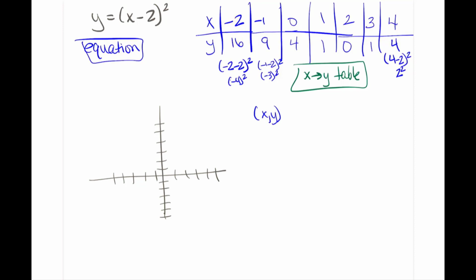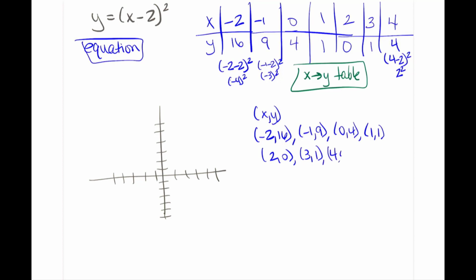So that would give me the coordinate point (-2, 16). The next point I could get would be (-1, 9), (0, 4), (1, 1), (2, 0), (3, 1), and (4, 4). I got all of those from our table, our x and our y. There's a relationship between these. When I use the input, I ended up getting this output.